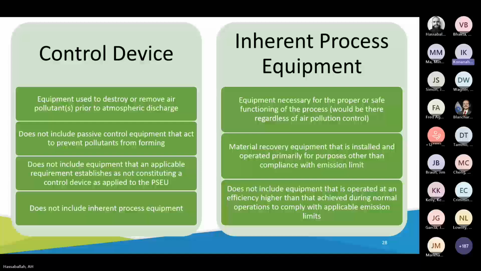Some processes where many people might consider a control equipment like a condenser, but all the solvents are recovered back into the process to be reused, and they have no other control. I wouldn't consider that control equipment in that case. But there are other cases in powder coating facilities in many of the places.